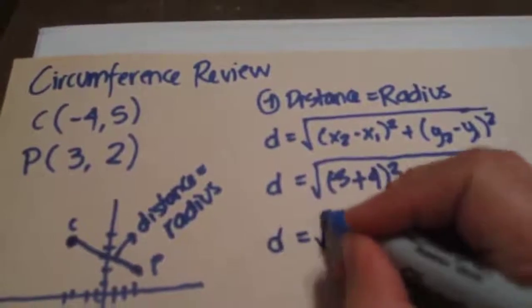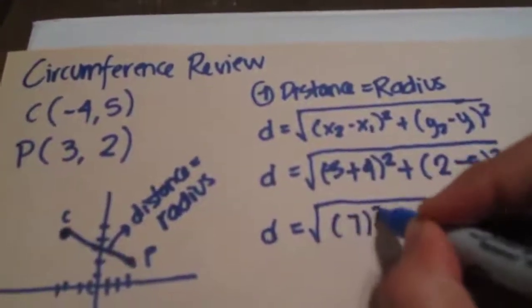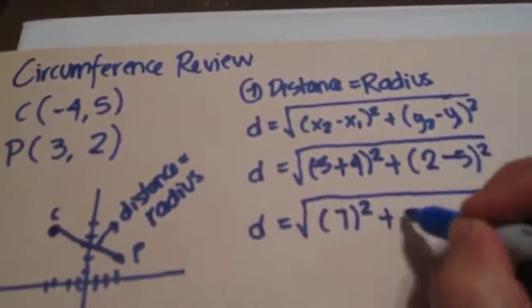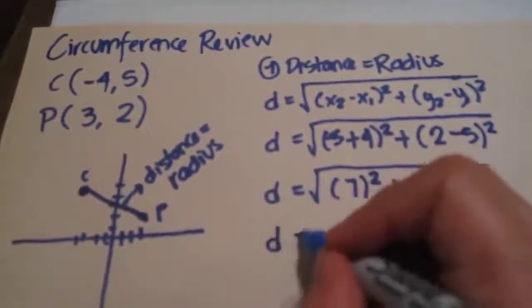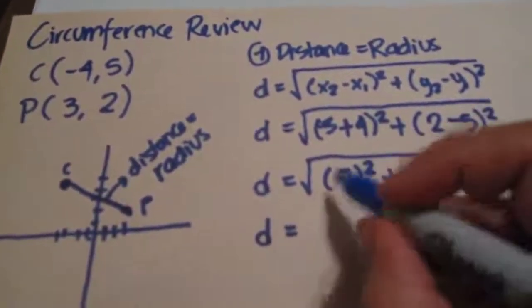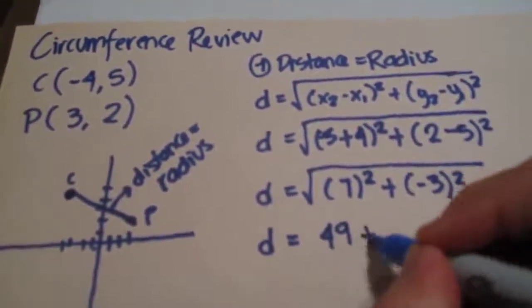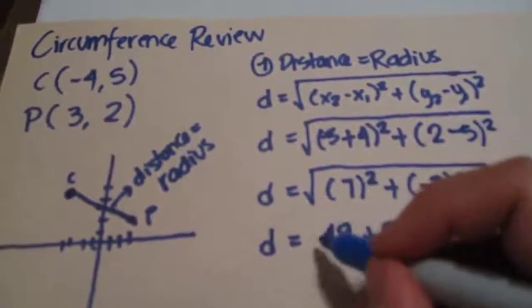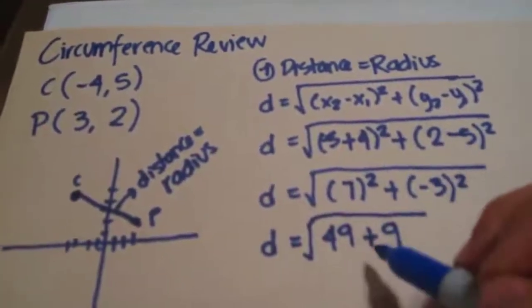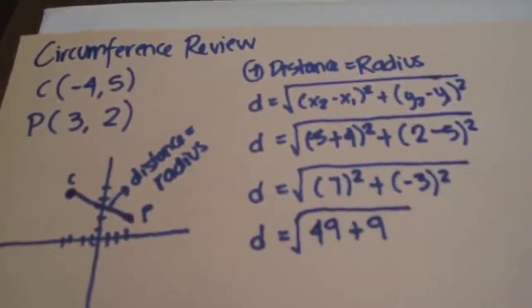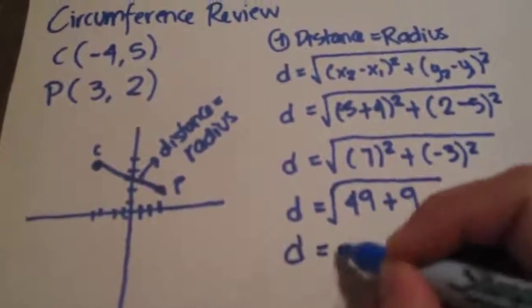Distance equals the radical of (3 plus 4, 7) squared plus (2 minus 5, -3) squared. 7 squared is 49, and -3 squared is plus 9. Don't forget, every number, doesn't matter if it is positive or negative, is going to be positive because you are elevating to the second. So 49 plus 9 equals 58.